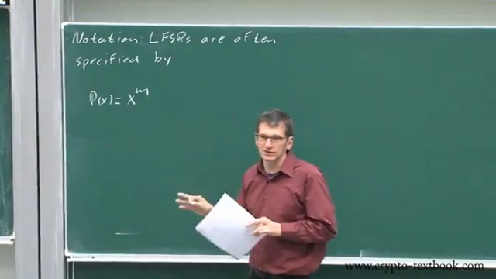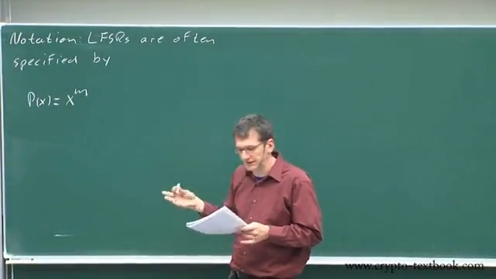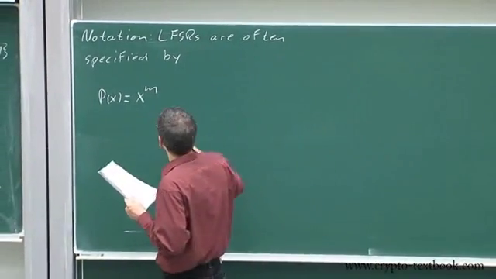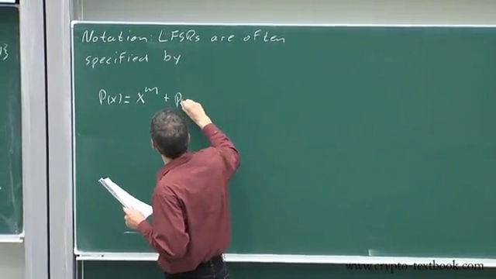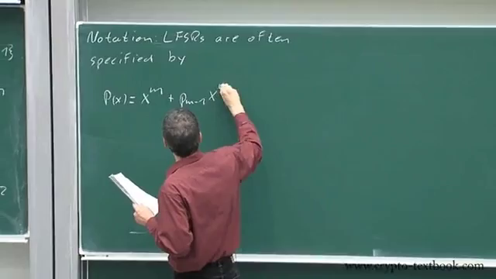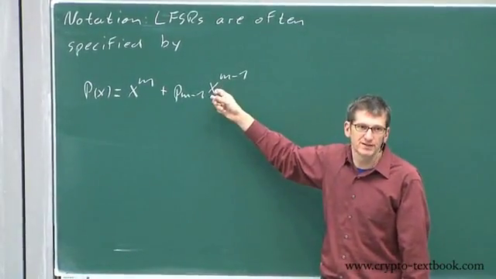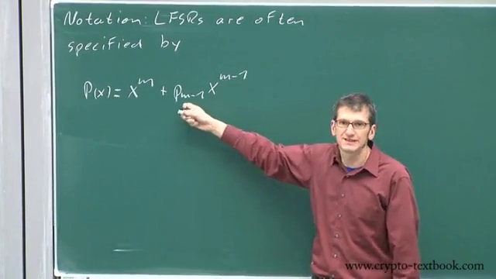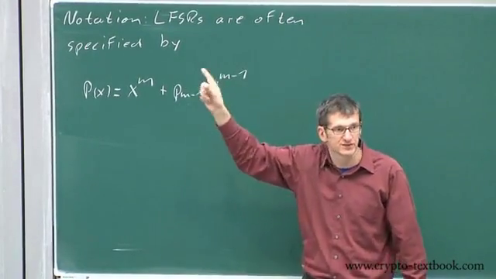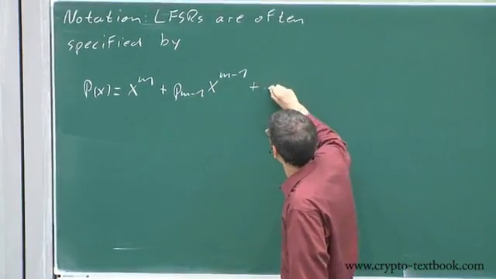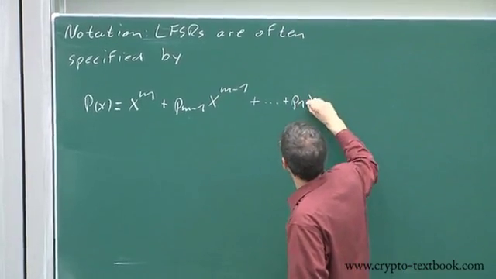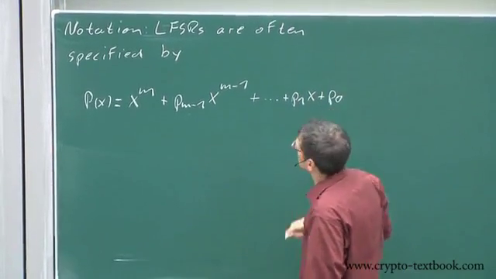A degree M LFSR always starts with x to the m, and then the coefficient of x to the m minus 1, the next power here, is this p, which is exactly this switch variable we had before, plus p1 x plus p0, okay?